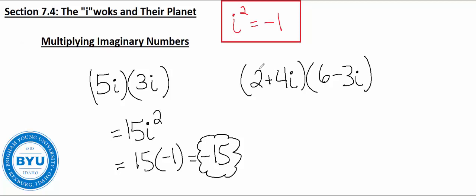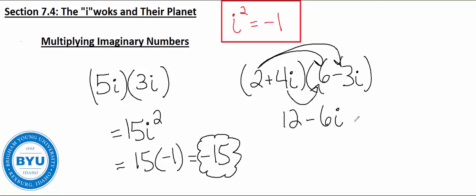Okay, let's try it here. Here we're going to have to super distribute these parentheses. So 2 times 6 is 12, and 2 times a -3i is -6i, and 4i times 6 is 24i. And then 4i times a -3i is -12i squared.